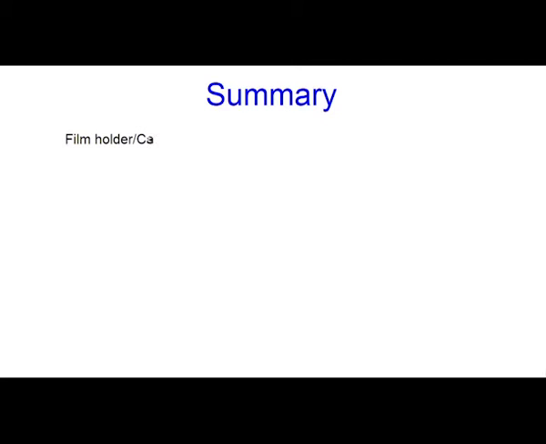And after that we talked about the film holder or the cassette, which is used for loading the film into the X-ray machine. And then we talked about the exposure charts which are used to decide the exposure time, and we saw that the exposure charts are derived based upon these two laws, the inverse square law and the reciprocity law.